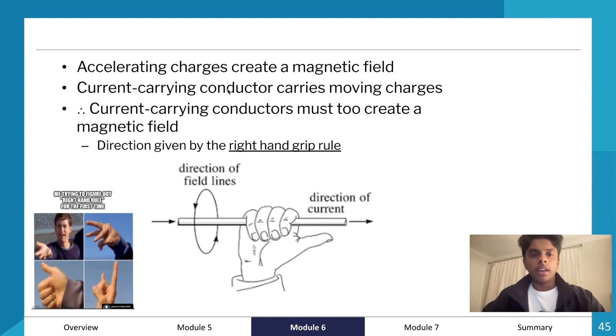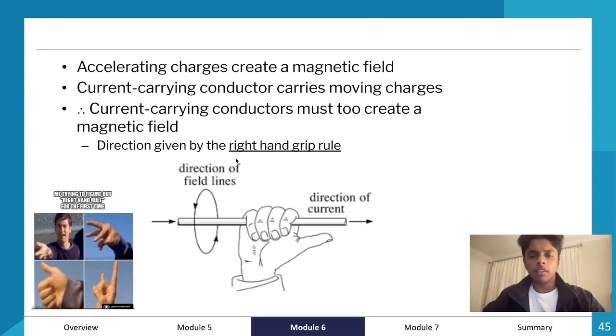The way accelerating charges create magnetic fields is that they create a changing electric field. Changing electric fields induce a changing magnetic field, which then induces a changing electric field, and so on and so on. This is from our understanding of Maxwell's four laws. So, an electromagnetic wave, essentially.